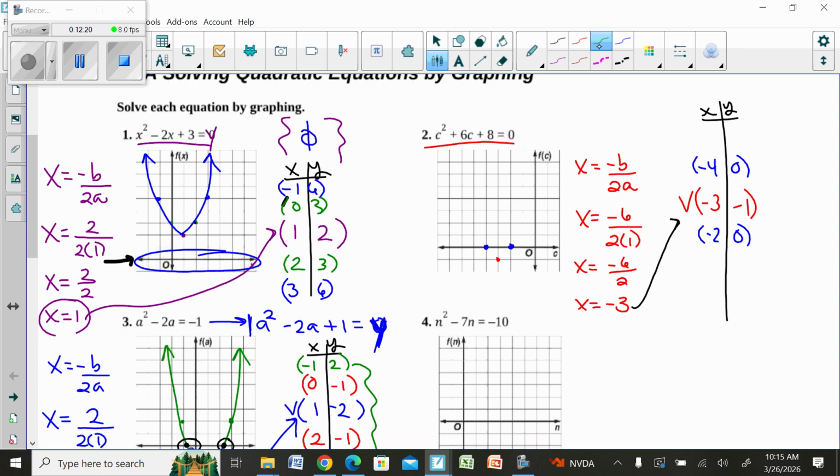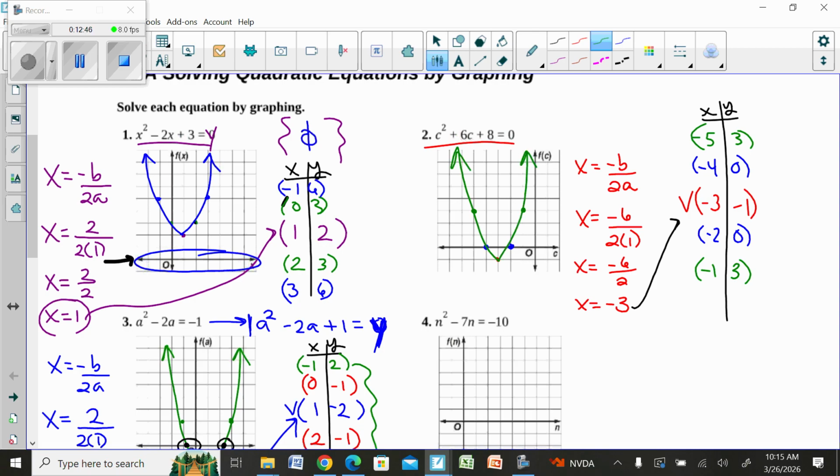So I'm just going to go to negative 5, 3. And negative 5, 3's buddy that matches it on the other side is negative 1, 3. Every ordered pair has a matching buddy except for the vertex. So negative 5 up 3 and negative 1 up 3. So now I got my 5 points to connect and extend my parabola as best as I can.